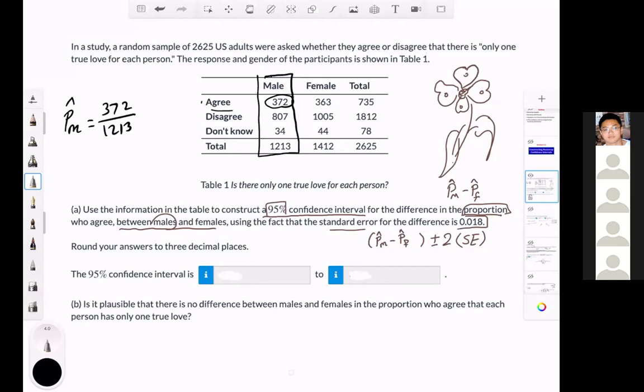Does that make sense? So P hat of male will be that. For female, we have agreed, disagreed, don't know. How many of the 1412 females agreed? It will be 363 divided by 1412.